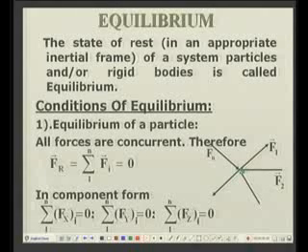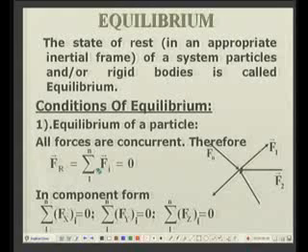This is the location of the particle and all the forces F1, F2, up to Fn are meeting here. Then the resultant force Fr is the vector sum of all these individual forces. This resultant force should be equal to 0 for the state of equilibrium.